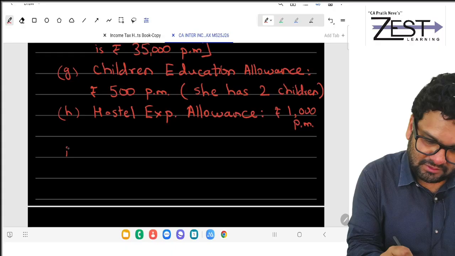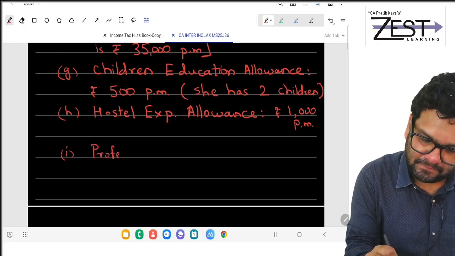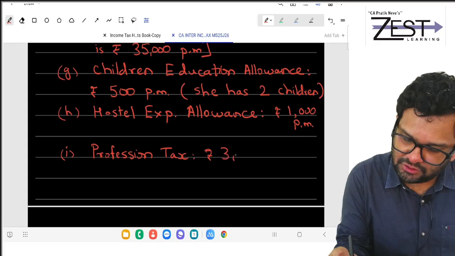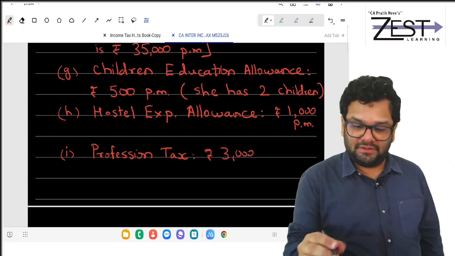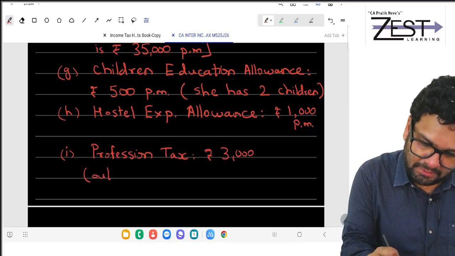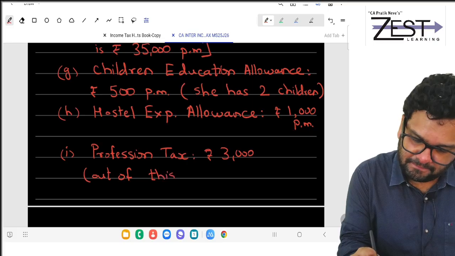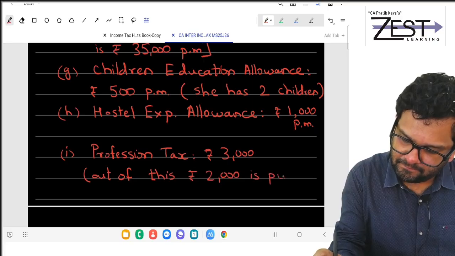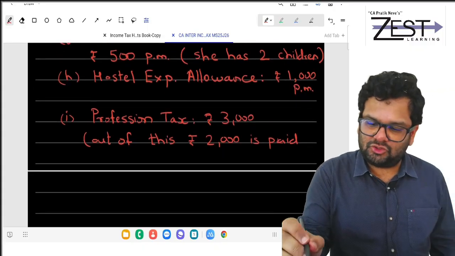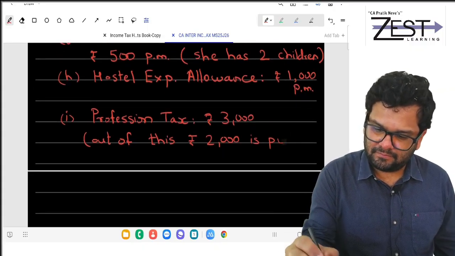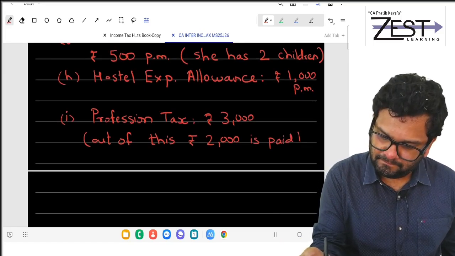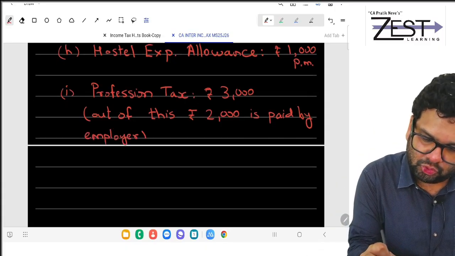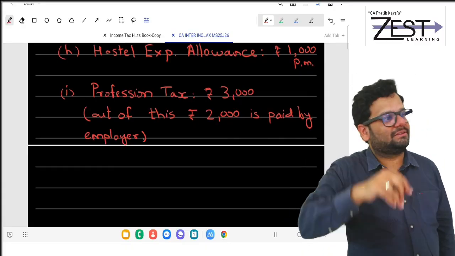Next, profession tax. Profession tax is say 3,000. But I'm saying out of this 2,000 is paid by employer.